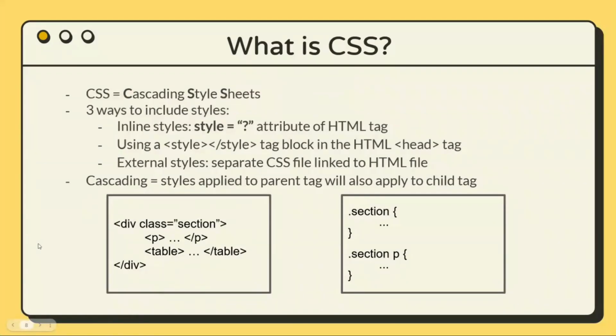So the cascading part of the cascading style sheet just refers to the way that the styles applied to the parent tag will also apply to the child tag.